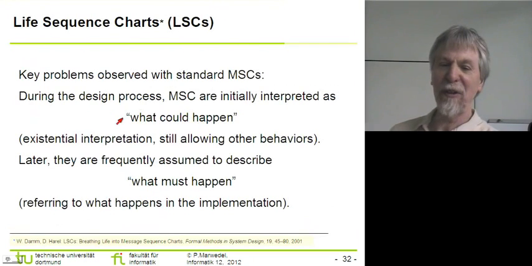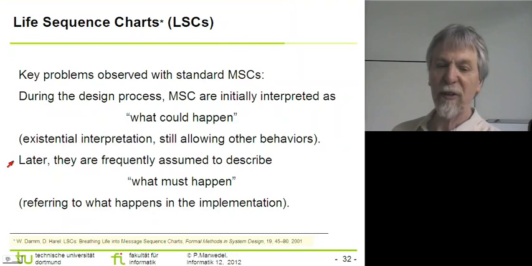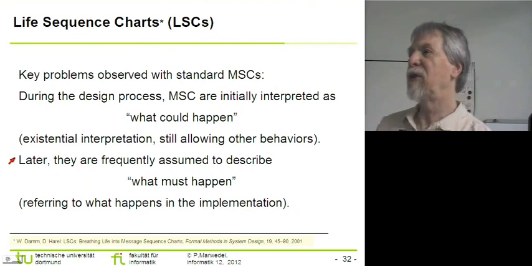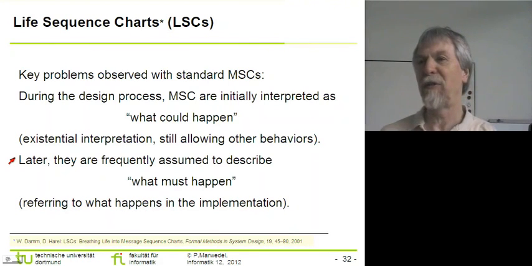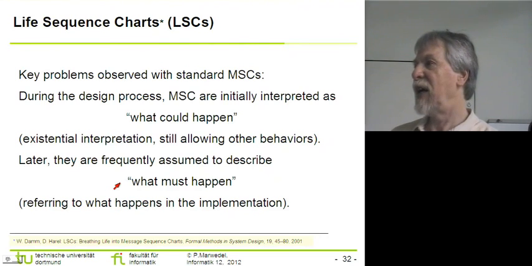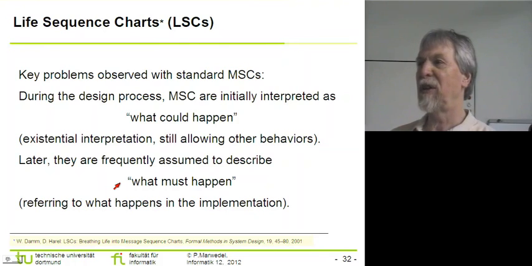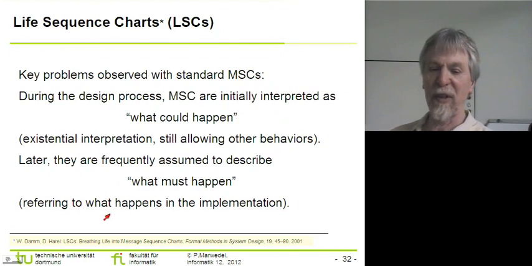Now, how do we do this in sequence charts? Well, actually, it's a common problem that we see for sequence charts because during a more detailed specification phase, we would like to use the same mechanism to describe something that must happen. And in one way or the other, we would like to distinguish between the two, something that could happen and something that must happen.